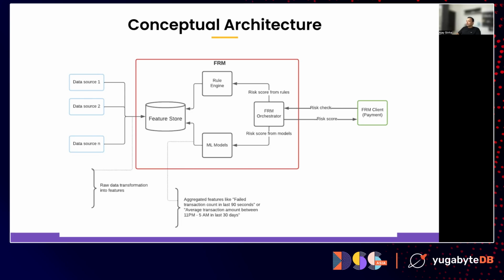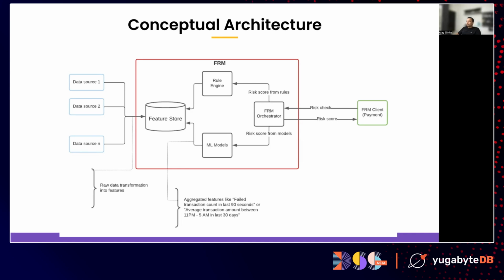We may say the last X minutes of transactions count, or maybe the average transaction sum between 1 a.m. to 5 a.m. in the last 7 days. These are some measurable attributes of an account. We could have some very simple key value pairs at account level like KYC status, something of that sort. These are also called features. And then we use a store where we can keep all those features. That is called a feature store.